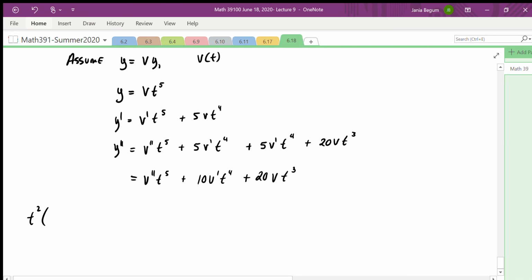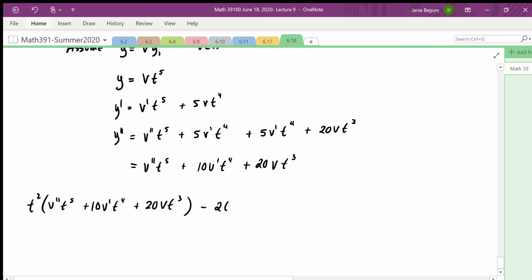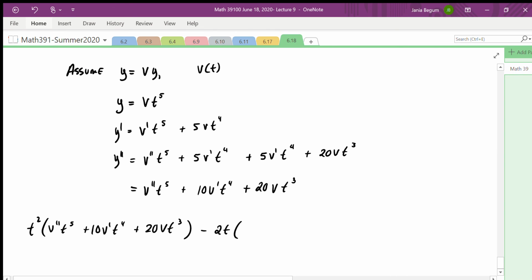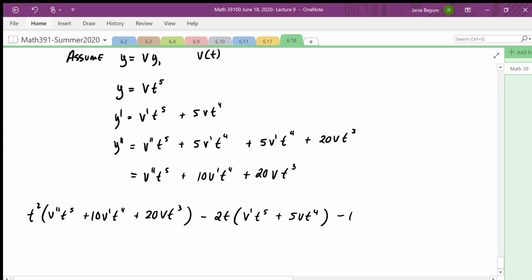So that would be v double prime t to the 5th plus 10 v prime t to the 4th plus 20 v t to the 3rd. And in the second term, we have negative 2t times y prime. That would be v prime t to the 5th plus 5 v t to the 4th. And the last term we have is minus 10 times y. That would be minus 10 times v t to the 5th.